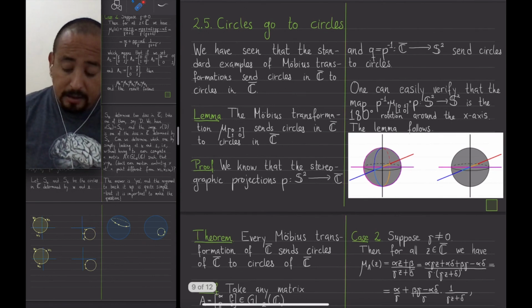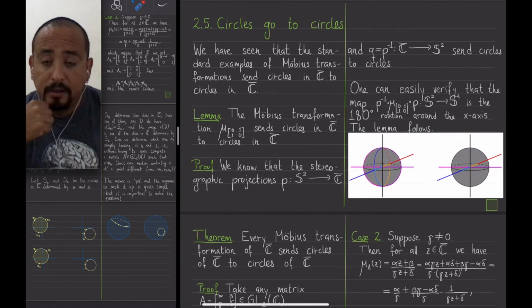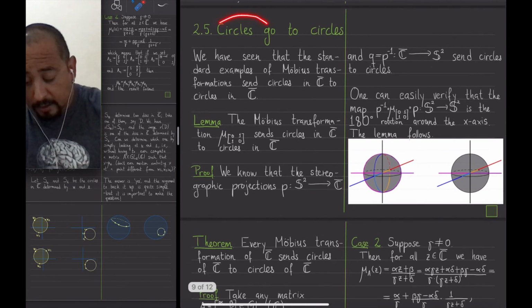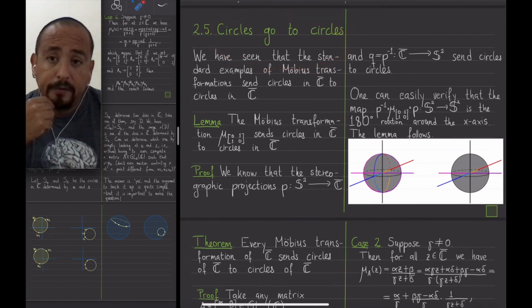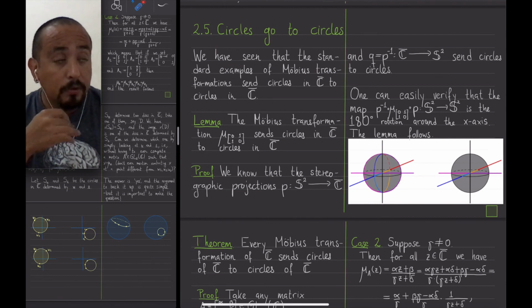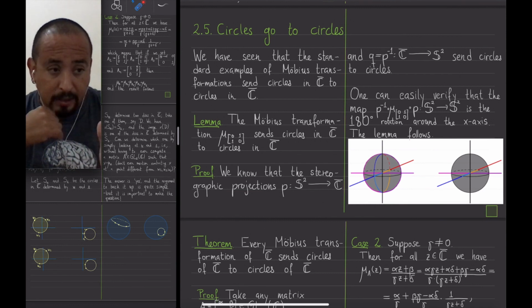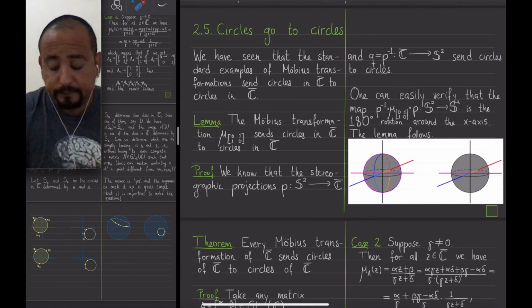And then to finish today's class, we saw that every Möbius transformation sends circles in C bar to circles in C bar. More pedantically, the image of any circle in C bar under a Möbius transformation is again a circle in C bar.